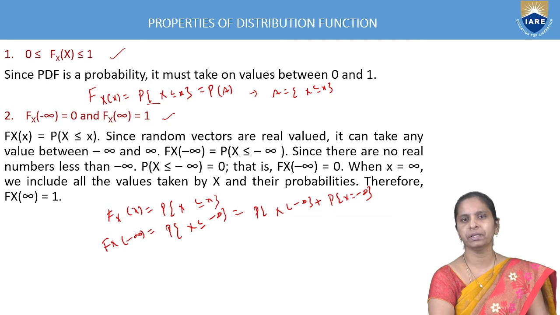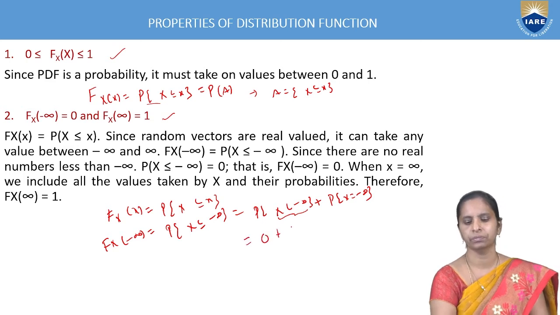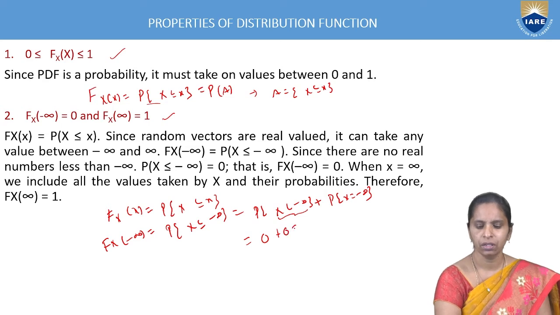We don't have any values less than minus infinity, so this is an impossible event. The probability of the impossible event is 0. Therefore, this is nothing but 0. And the value of the random variable cannot be equal to minus infinity. Therefore, P of X equal to minus infinity is equal to 0.